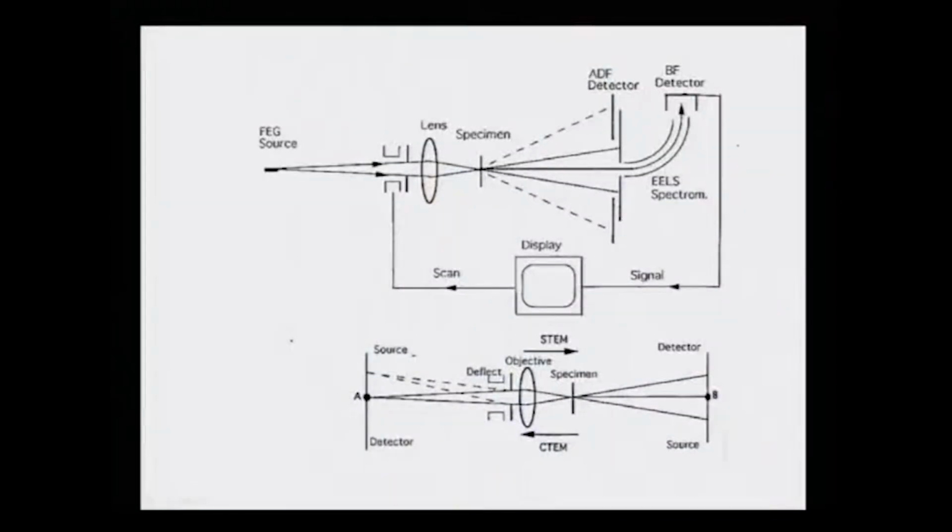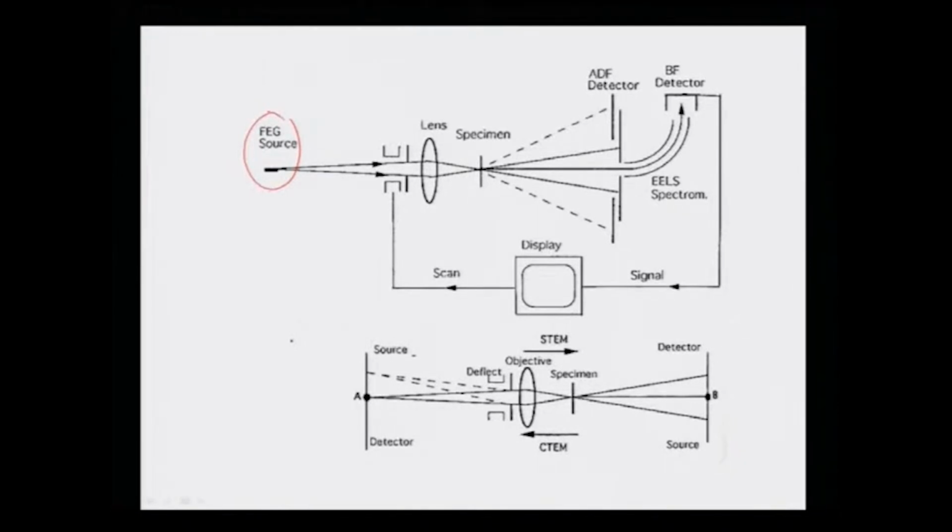So, in scanning transmission electron microscopic imaging, what we basically do is like this. We have a FEG source, which has a very high brightness and a very small energy spread. This FEG source can be focused by using the objective lens onto the specimen.